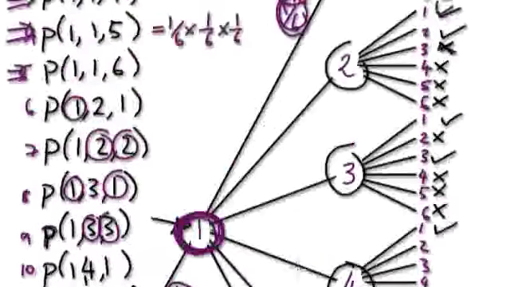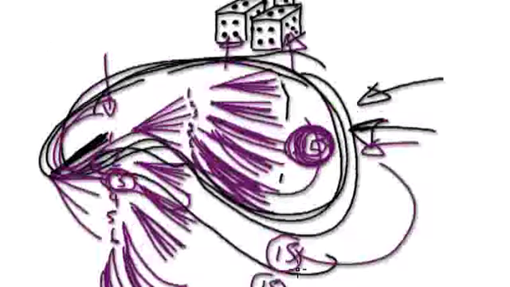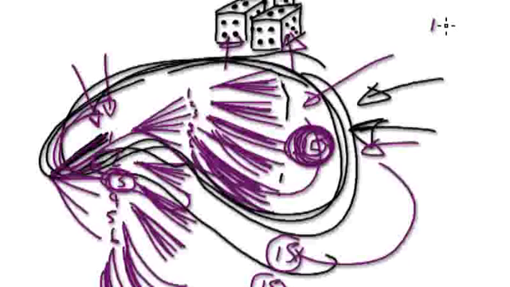So going back to our original diagram here, suppose we've gone down the one route here. The probability of all the good outcomes for the number one branch here would be 15 over 216. And then don't forget you've got to go down the number 2 route, number 3 route, number 4 route.